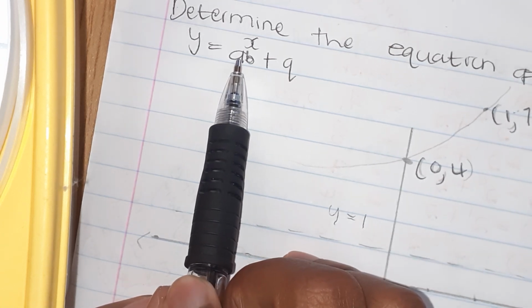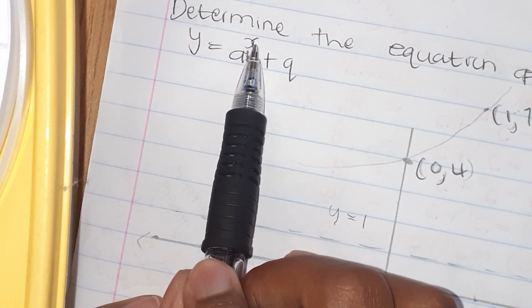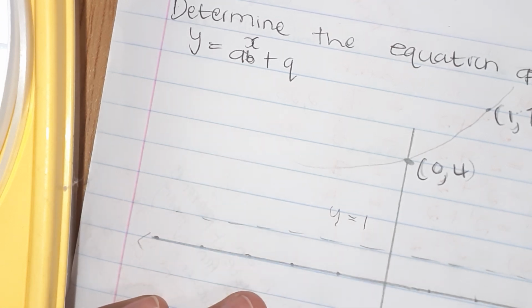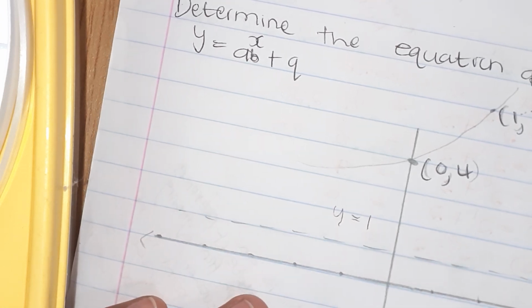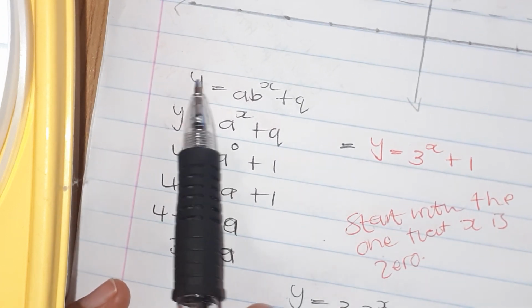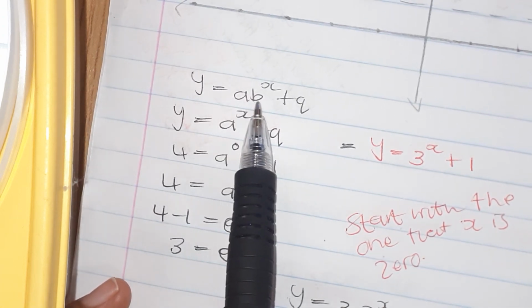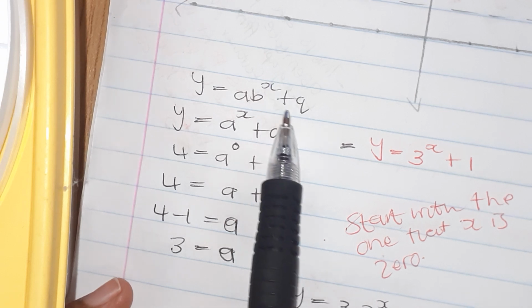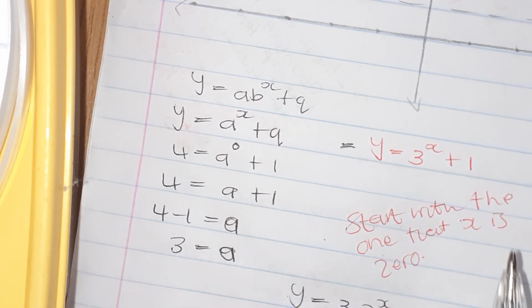You see, this looks similar to a parabola, but a parabola here has to be x squared, not 2 to the x. So we have to determine this equation. Now here is where we're going to do it. You say y equals a b to the power of x plus q. This q is the asymptote.